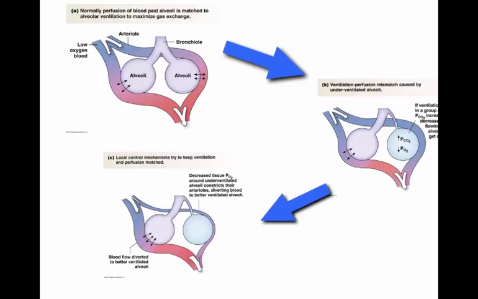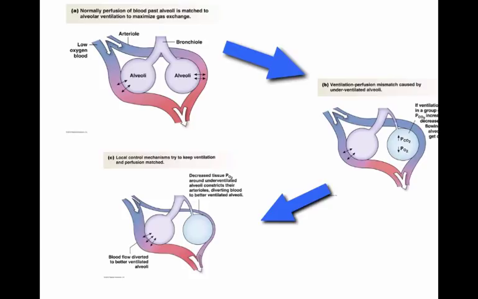It doesn't make any sense to send blood to poorly ventilated alveoli because if the partial pressure of oxygen is low enough in that alveolar space, you could potentially lose oxygen from the blood into the alveoli, because oxygen moves by simple diffusion and follows its concentration gradients.